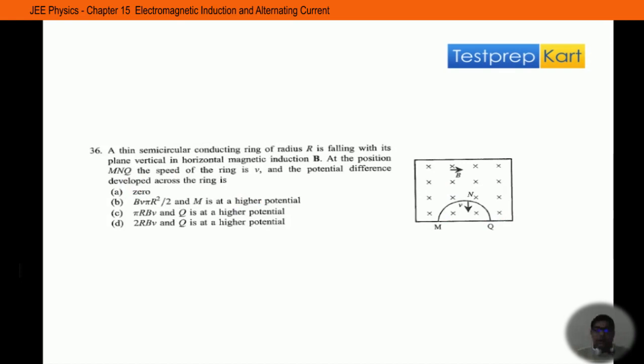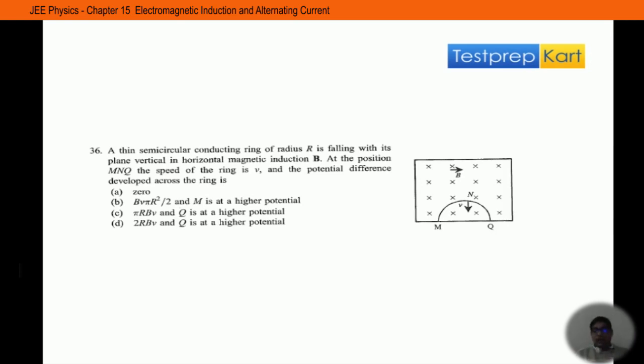Now next question is, a thin semiconducting ring of radius r is falling with its plane vertical to the horizontal magnetic field, at positions M and Q. The speed of the ring is V. Then find the potential difference developed across the ring.